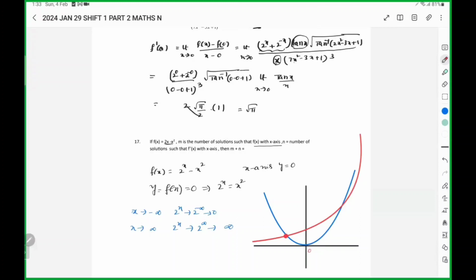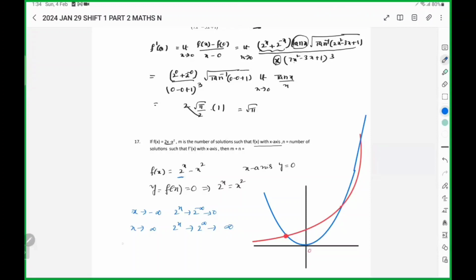On the right side of 0, we have to see whether the curve intersects at one point or more than one point. So how do we get an idea whether it intersects? This is the beauty of this problem. Both are increasing functions, but after a certain stage, obviously 2 power x dominates.